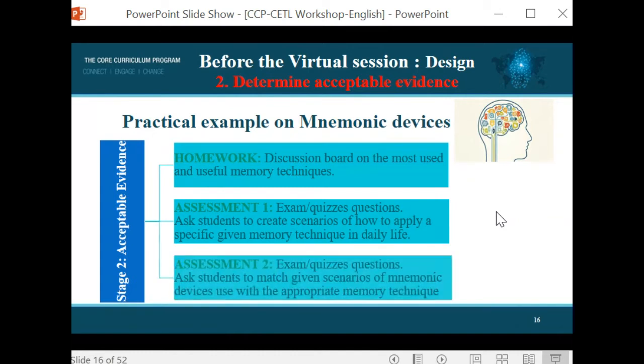And finally, another possibility of assessment could be to ask students, for example, to match given scenarios on mnemonic devices used with the appropriate memory technique. Here we can say that we have the transfer objective, understanding objectives, and one question about the acquisition objectives.